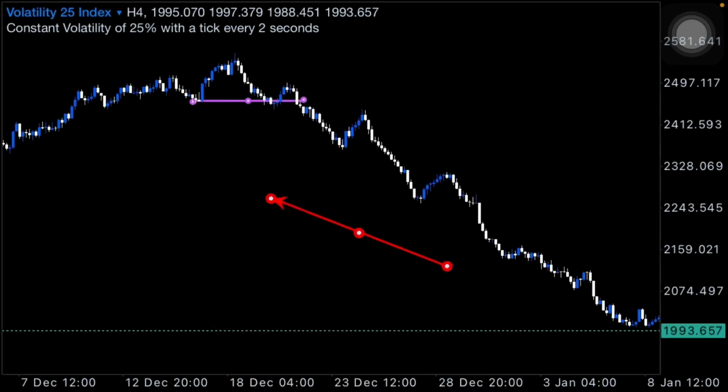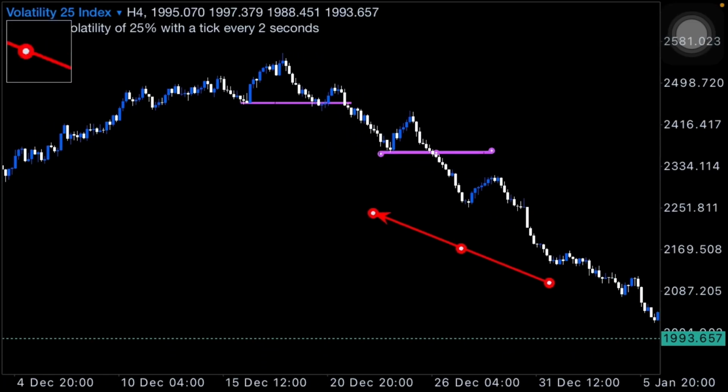Let me copy this. It then proceeds to form a lower high right here, then breaks this previous low.